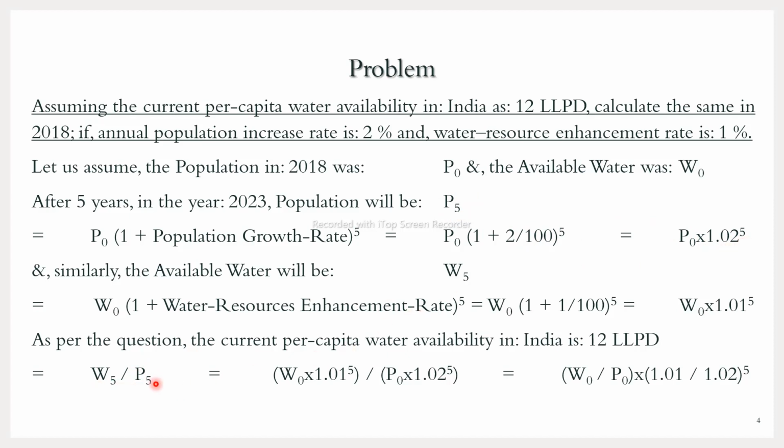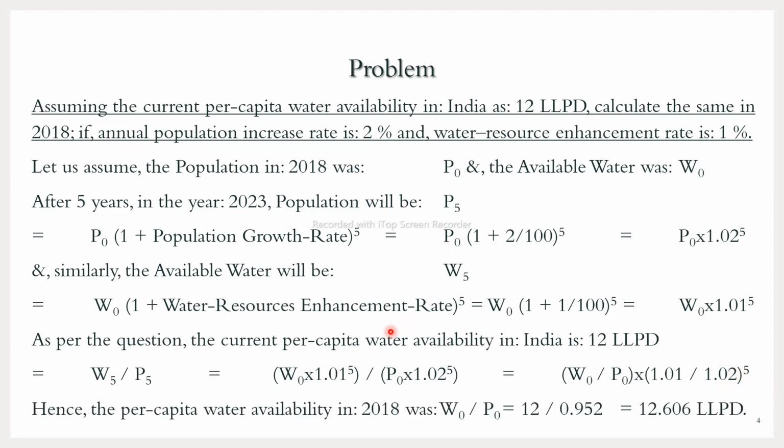So W5 divided by P5 will come this way: W0 into that term divided by P0 into this term. We can simplify that to W0 divided by P0 into 1.01 divided by 1.02 to the power 5. By further simplification, we get the per capita water availability in the 2018 year as W0 divided by P0.